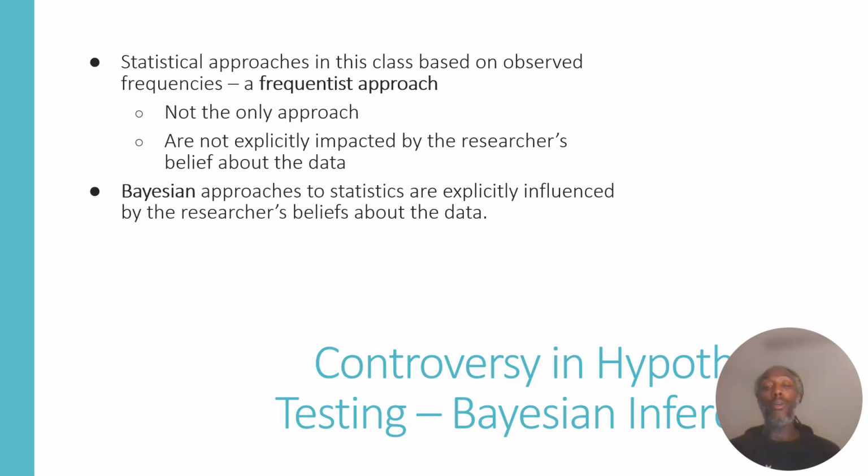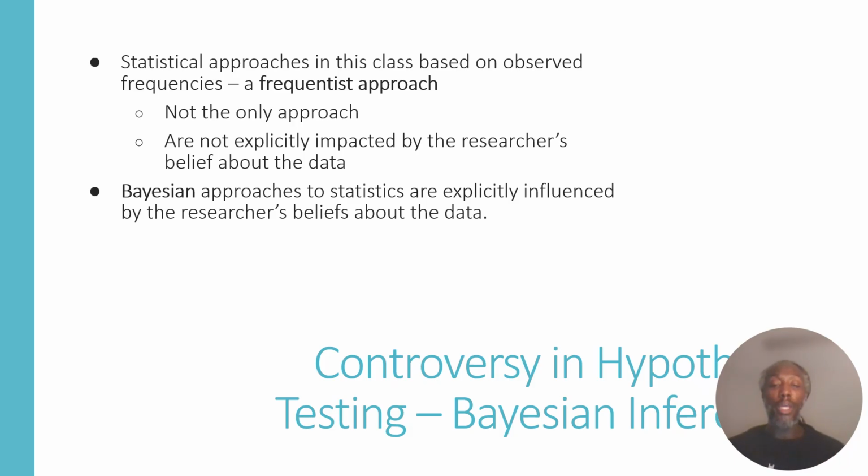Most of the time, you're going to come to pretty similar results. But the idea of explicitly incorporating one's bias into your calculations is something that I think is interesting to me. Now, one thing that you need to remember is that both types of statistics are influenced by bias that is not accounted for in the calculations.